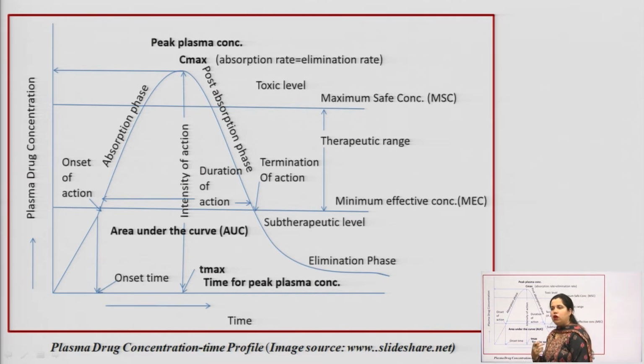For example, a patient is given one tablet, and this is the point where the tablet is given. After a few minutes, the tablet will disintegrate, dissolve, and then reach the state to get absorbed in the body.